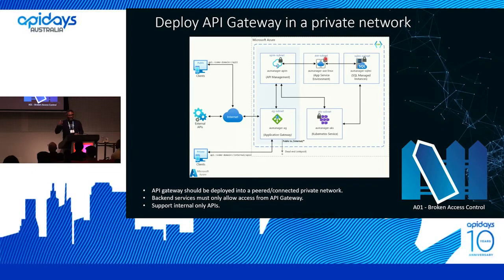You have to block access of everything else except the API gateway. So by making sure that it's in a private network, that's one step. But there are different ways you can also make sure that requests are coming from the API gateway, based on the technology that you are using.